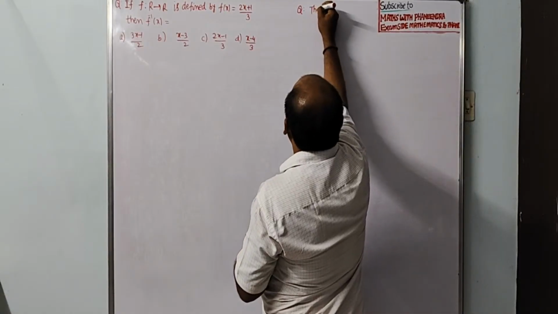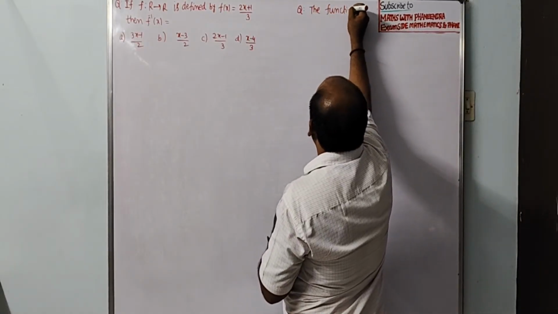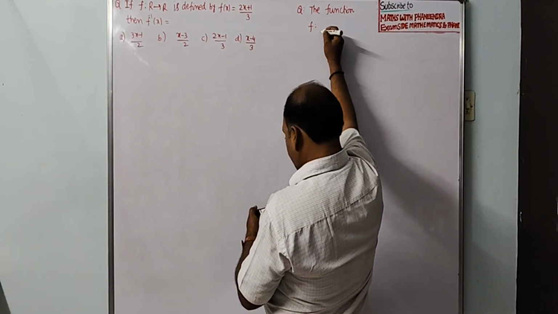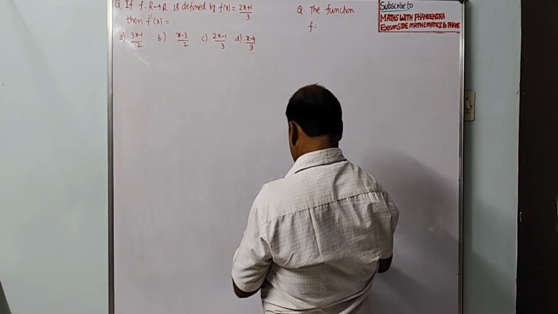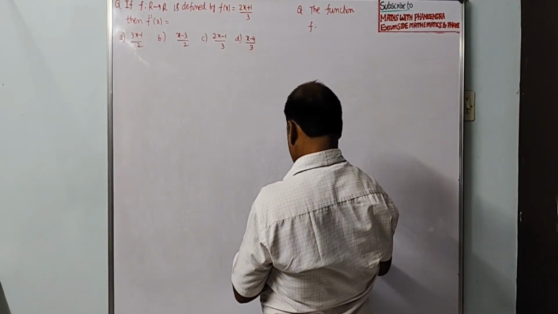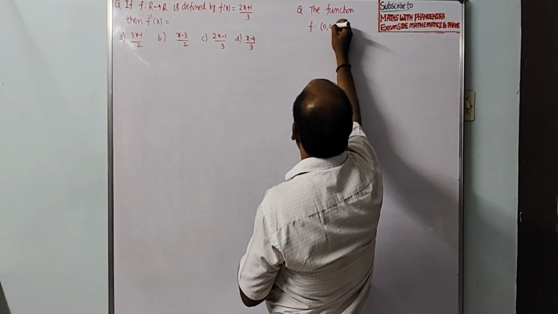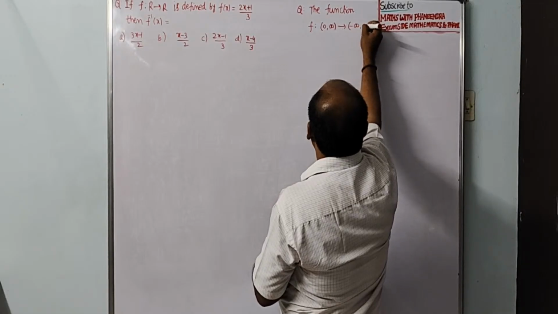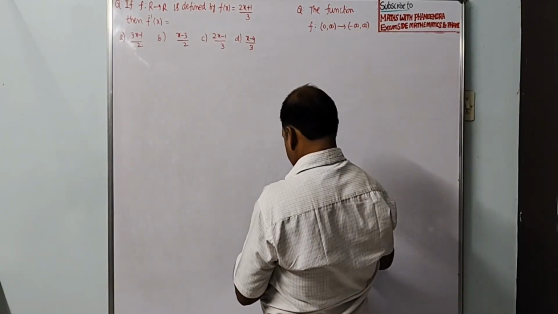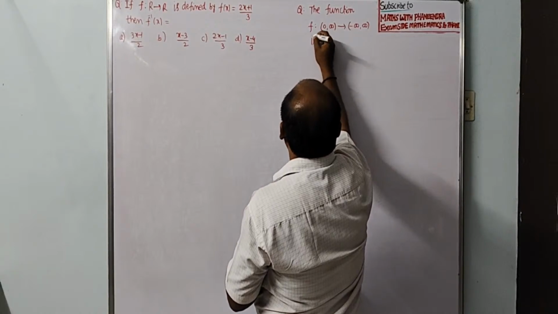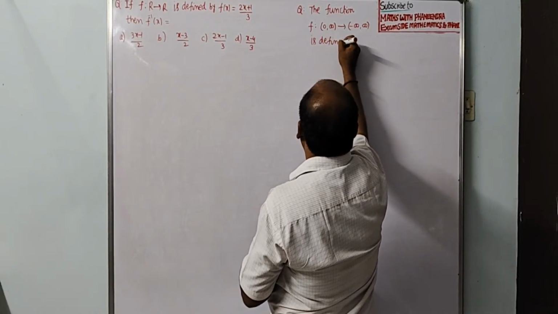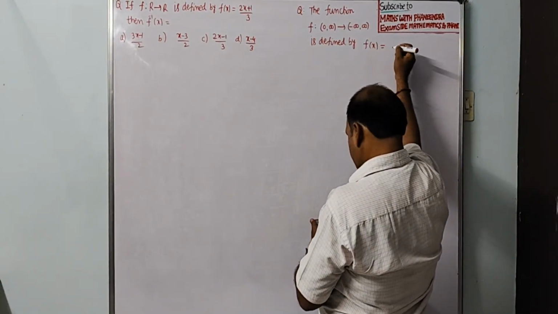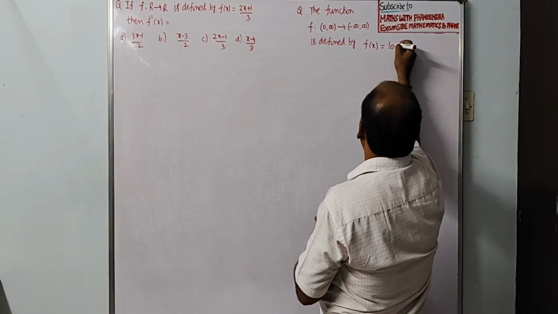Another question. The function f defined from open 0 to infinity to minus infinity to plus infinity is defined by f of x equal to log x to the base 3.